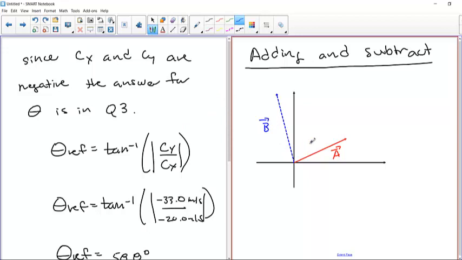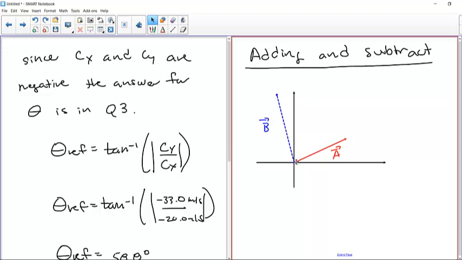Well, you don't just add the magnitudes and directions. What you have to do is take one vector first, and it doesn't matter which. The order of vector addition is irrelevant, just like normal scalar addition. It doesn't make any difference. That's what you're used to, scalar addition, just adding numbers together.